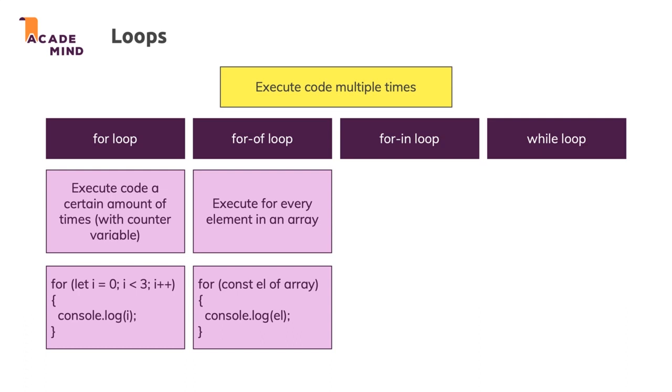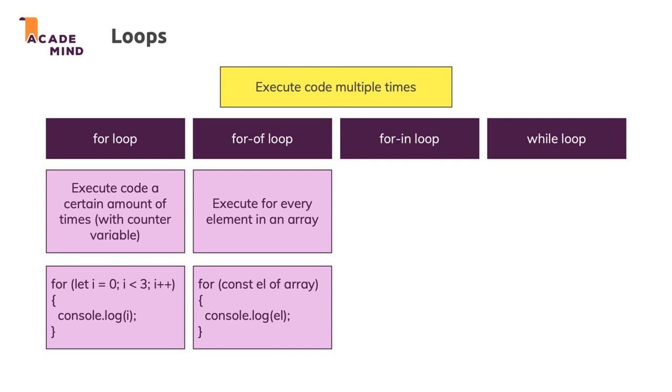Instead, here we have the of keyword, and we create a constant. Could also be a variable, but typically you create a constant, which gives you access to one element of the array at a time, and then this body between the curly braces is executed for every element in the array. And el in this case then refers to that element in the array for this current iteration.